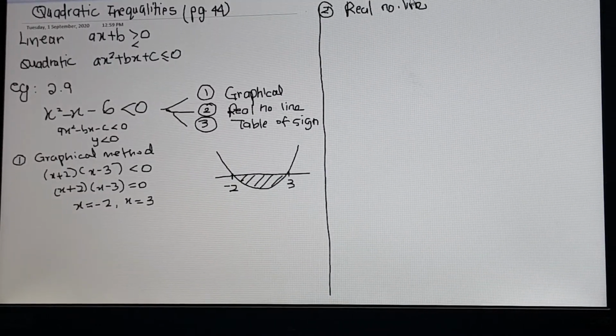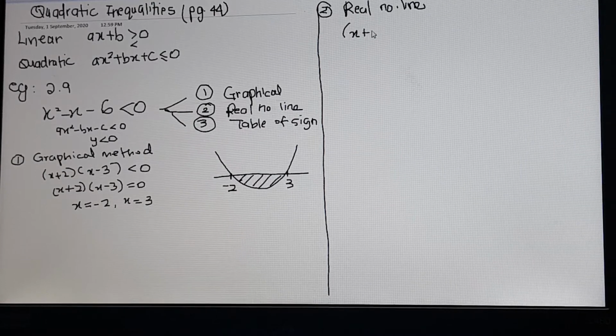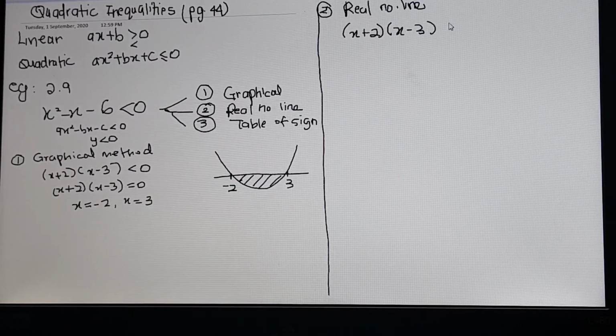In this case, you have two factors from the first method, x plus 2 multiplied by x minus 3, less than 0.